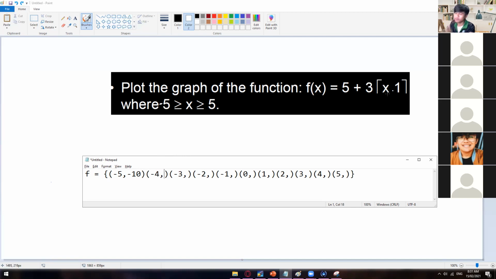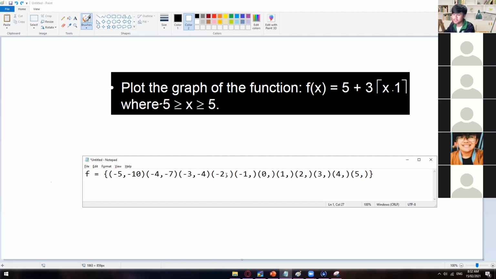So -4 times 3 is -12, right? -12 plus 5 is -7. And then if we have -3, so -3 times 3 is -9. -9 plus 5 is -4.